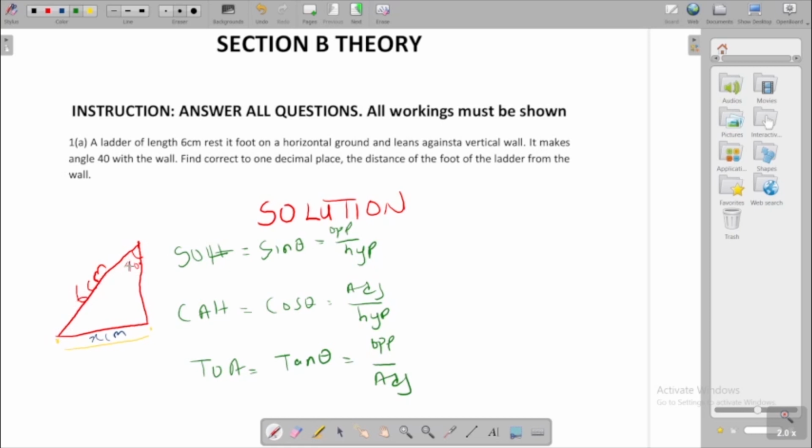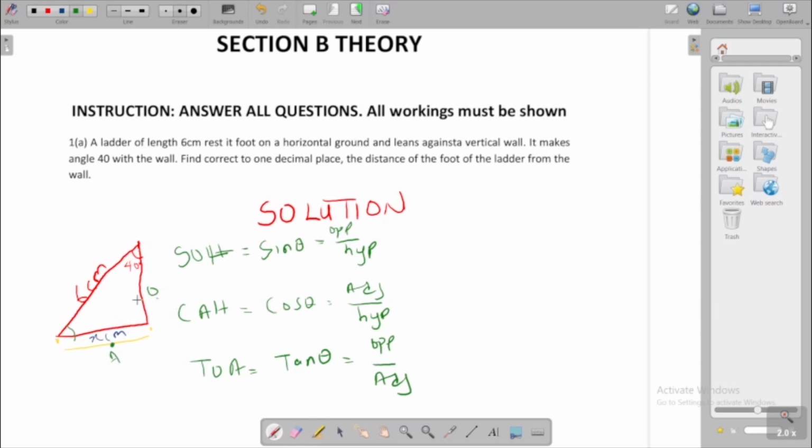The opposite and the adjacent are relative, depending on the angle we are to find. For example, if you are to find this angle here, this side is the opposite to the angle, this will be our O, and this will be our adjacent. But in this case, we are finding this side, which is opposite to the angle, so this will be our adjacent here.